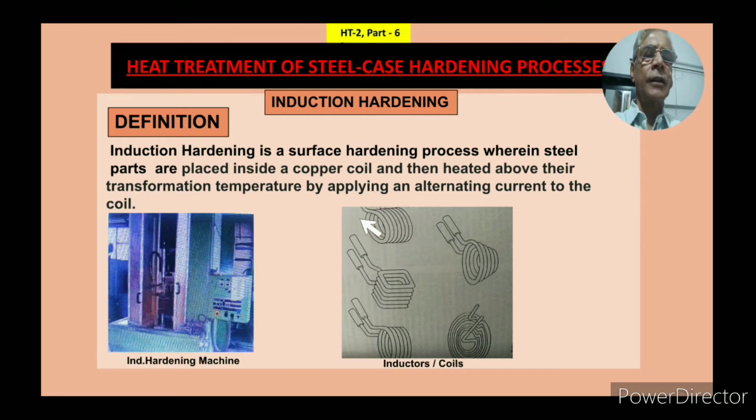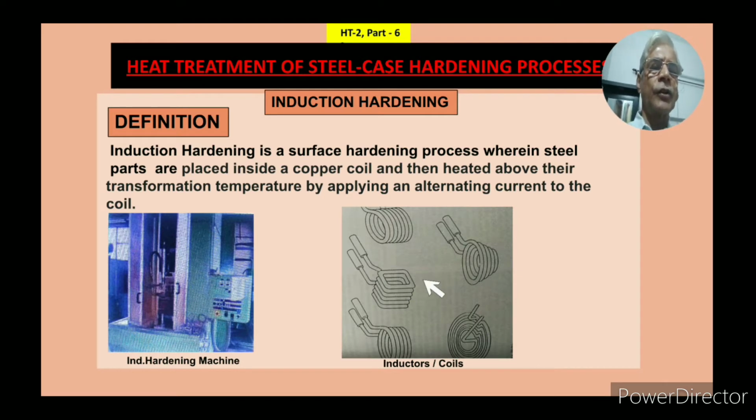Down below, I am showing you some photographs. This video shows an induction hardening machine. You can see the part is there. Whether the part moves or the inductor moves, there are two different processes which I'll tell you later on. And this is the control panel through which everything is controlled.